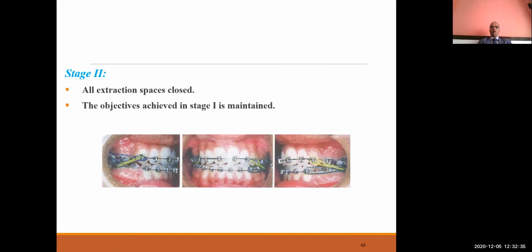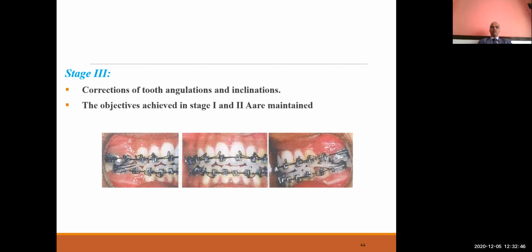In stage 2, all the extraction spaces are closed, and the objectives achieved in stage 1 should be maintained. And in stage 3, the corrections of tooth angulation and inclination are done, and the objectives achieved in stage 1 and stage 2 should be maintained.